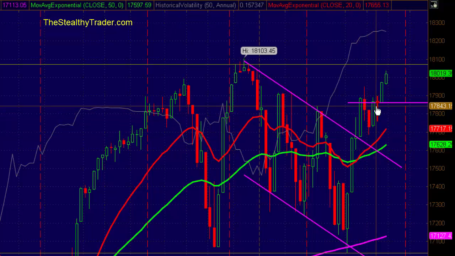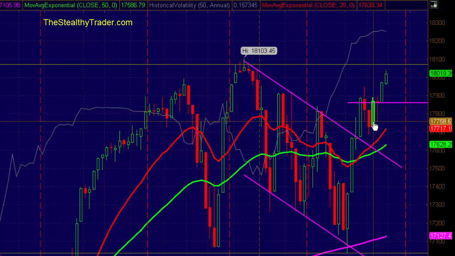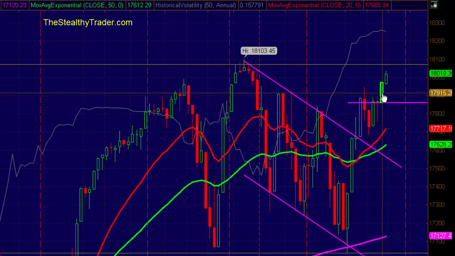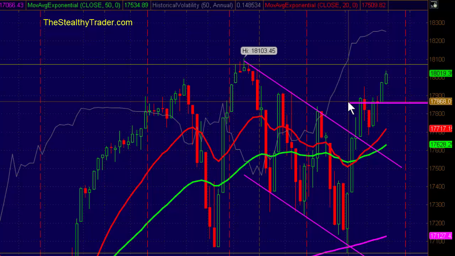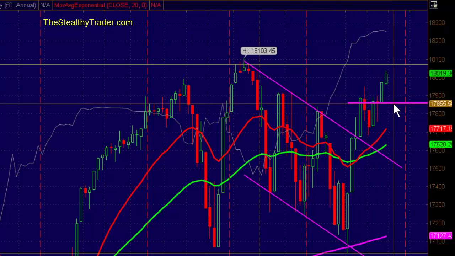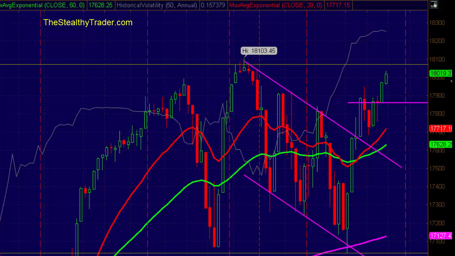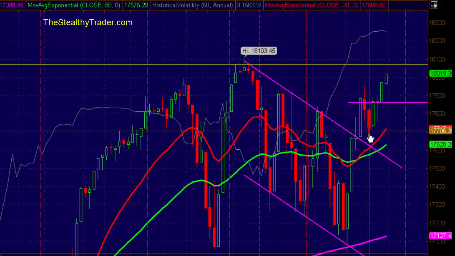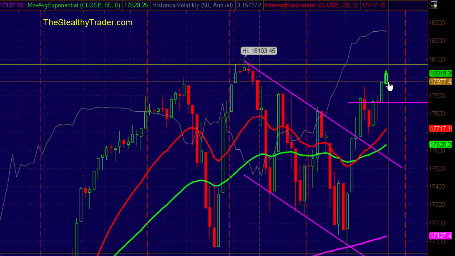And last week, Monday, Tuesday, Wednesday, Thursday, and Friday, again, it broke out. So this pink line here is where a pullback should hold, 17,855 in the Dow, so about a 150 point drop. But this drop here stopped where it should have, and the market motored higher.